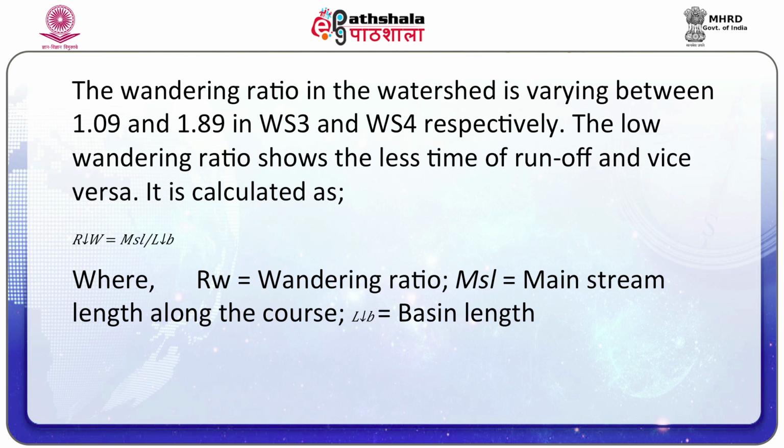The wandering ratio in the watersheds varies between 1.09 and 1.89 in watersheds number 3 and 4 respectively. Refer to figure number 5. A low wandering ratio shows less time of runoff and vice versa. It is calculated by the formula.